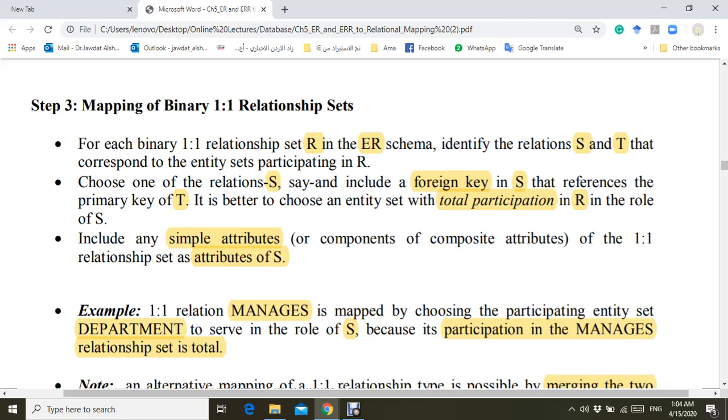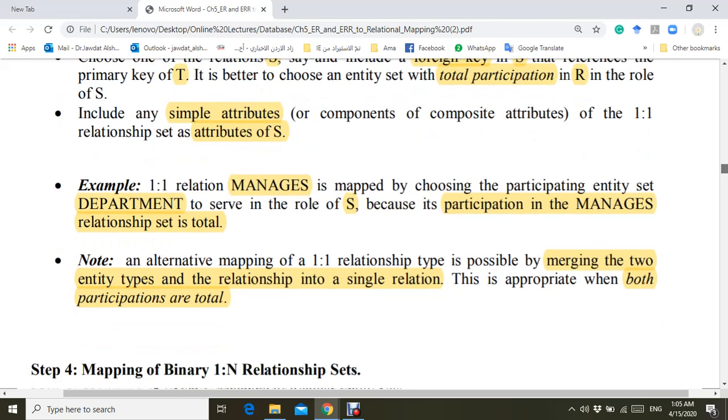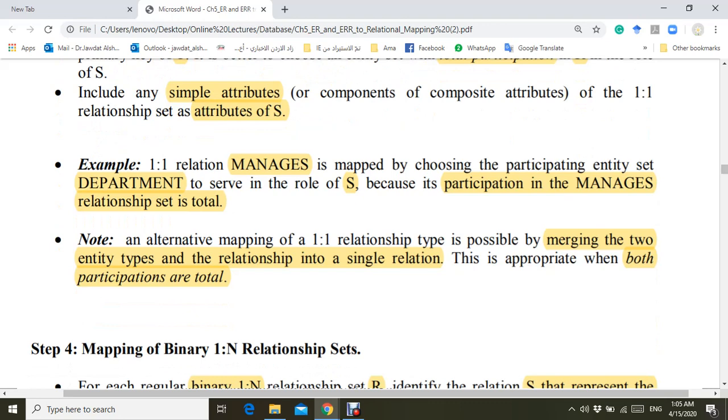So in the total participation, we put the foreign key of the department that this employee works on. Of course, we have to put all the attributes in the relation if there are attributes for this one-to-one relation.